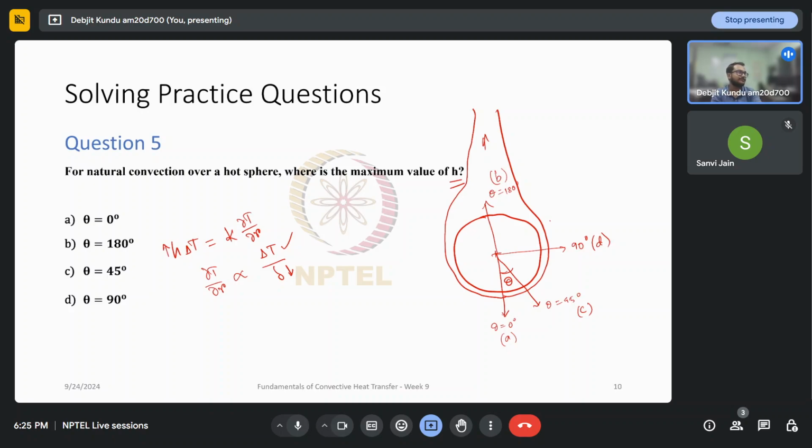Where do you think in this picture this delta is minimum, or the boundary layer thickness is minimum? For what value of theta? This is the boundary layer thickness. So what's your guess? Option A, option B, or option D? Which one should be the correct answer?